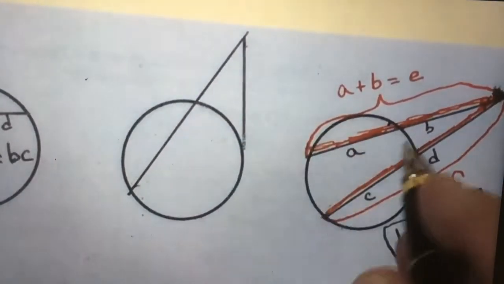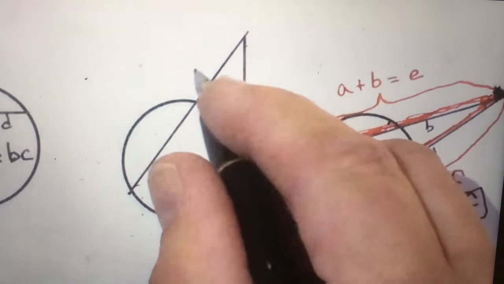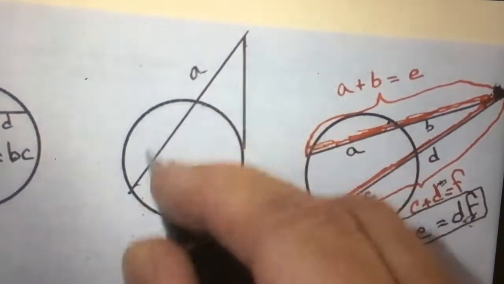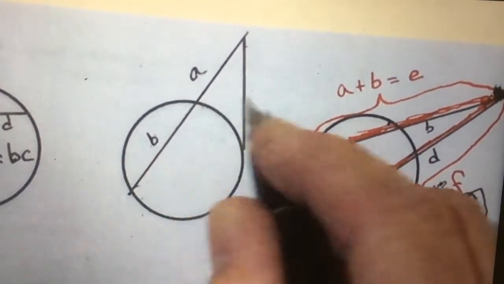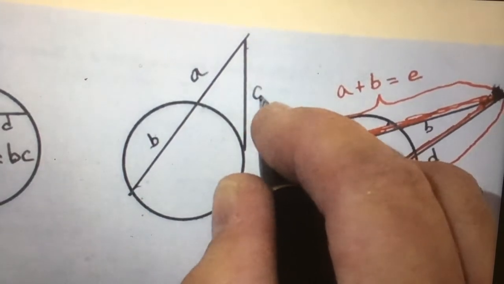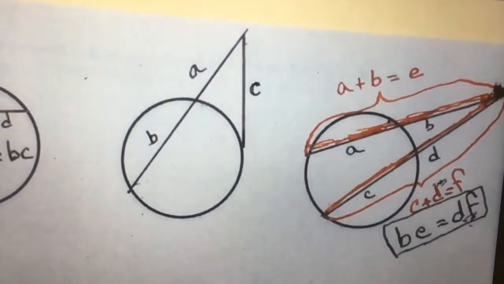Now, in this case, too, just like in this case over here, you've got a segment outside and a segment inside for the secant line, but all you have is a segment outside for the tangent line.